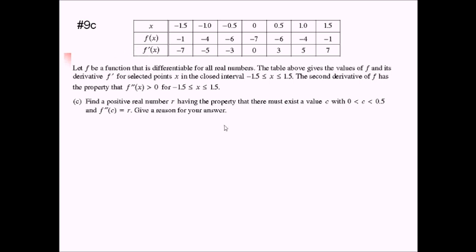So what we're basically saying is that we want to find an r value such that the derivative of f prime equals that over the interval from 0 to 0.5. If we're talking about the derivative of something being guaranteed to equal a number, we're talking about the mean value theorem.